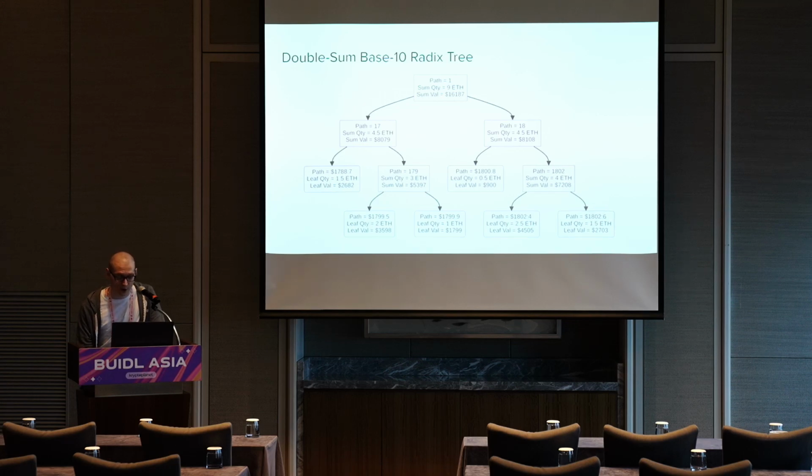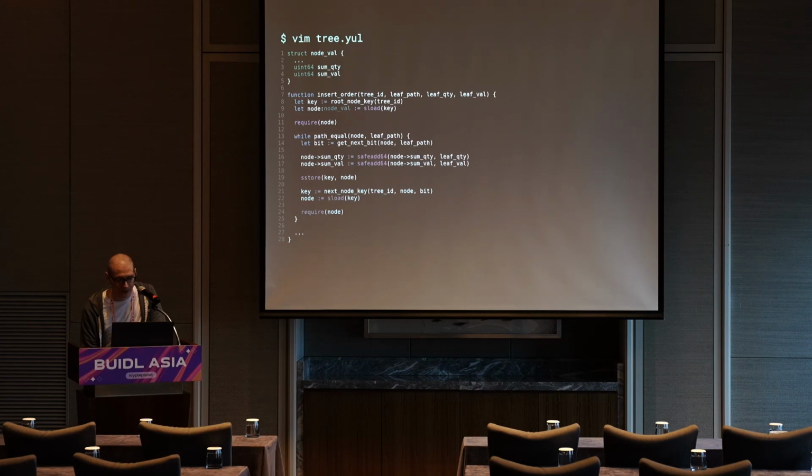So I would like to show you sort of an excerpt from our Joule code, which implements this data structure on chain. And it basically looks like this. So this is sort of what I was pointing out before, is we're inserting an order, and we're inserting a node into this tree, and it has quantity and value, and that needs to be summed up with every node it touches as it passes down its path down the tree.